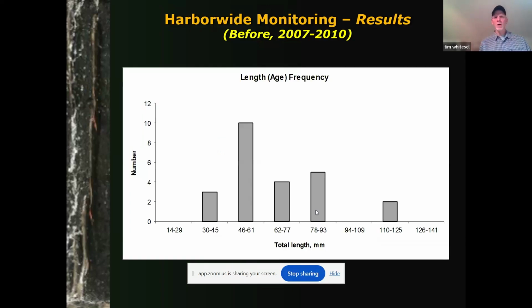We also saw multiple length, and maybe, again, you can hopefully infer a little bit age classes. So we saw very little ones, 30 to 45 millimeters, up to, relatively large, 110 to 125. So lots of size, lots of age, potentially classes are represented in this area.